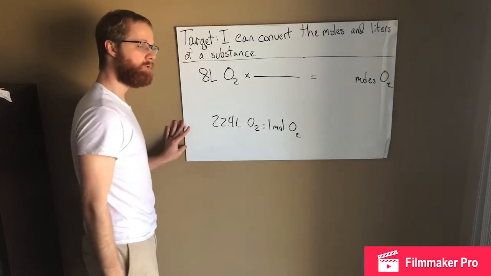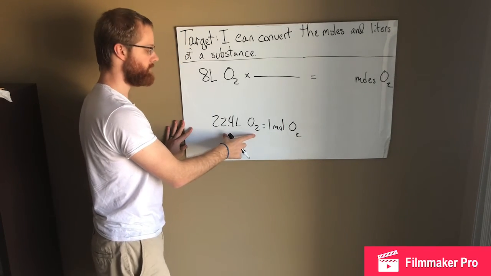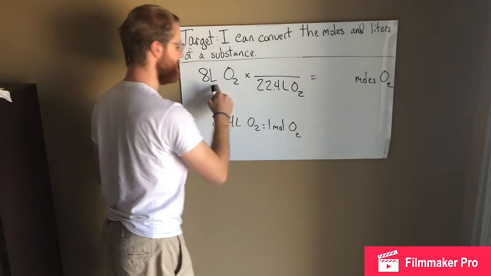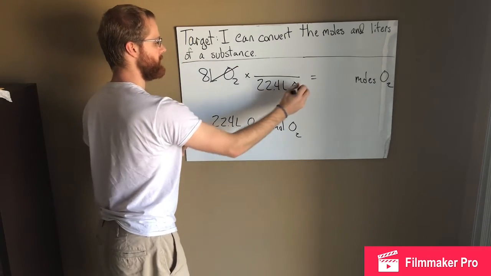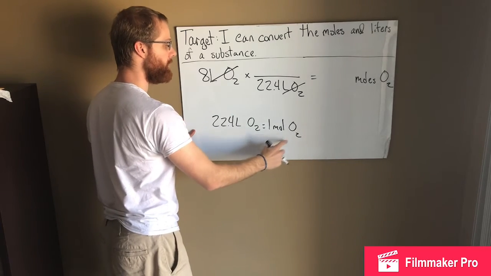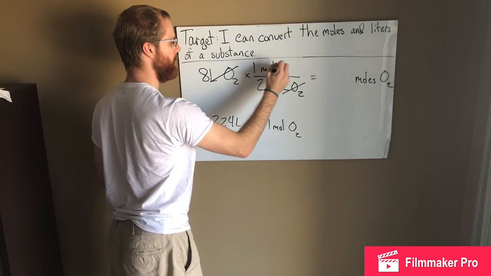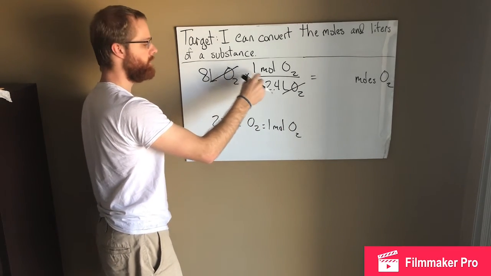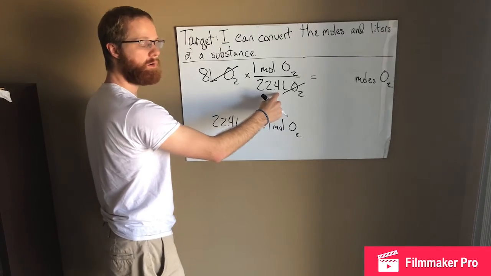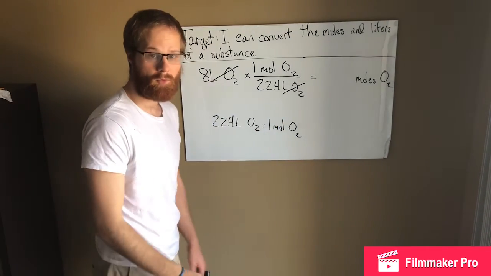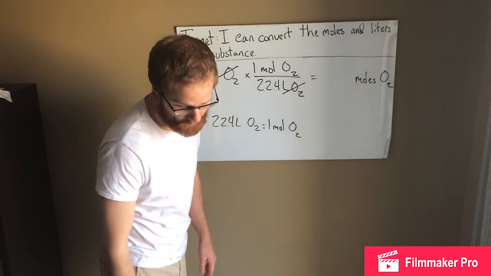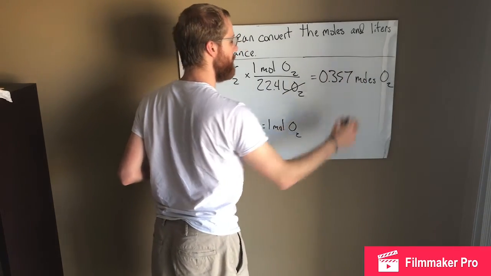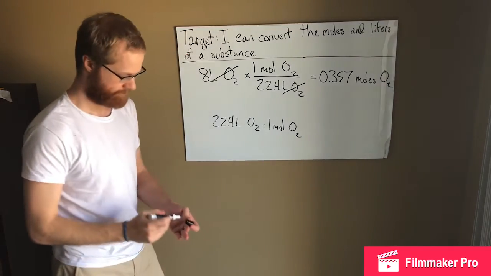So what I can do is take my liters of O2 and put that on the bottom, and then my liters of O2 will cancel out, and I can put 1 mole of O2 on the top. So I'll take 8 times 1 divided by 22.4 equals the number of moles of O2 that I have. When I plugged that number into my calculator, I got 0.357 moles of O2. Cool.